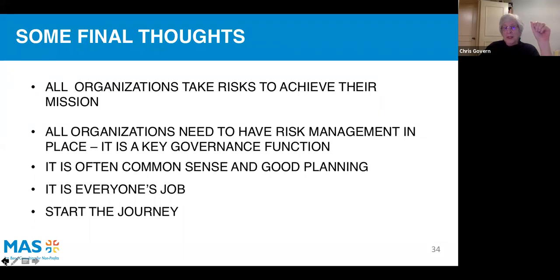So yes, it may cost you something to put a critical control in place, but without that control, the cost could be much higher. So in thinking about how you mitigate risk, yes, there's a cost benefit analysis, but you need to keep in mind the potential cost to the organization if that goes bad.